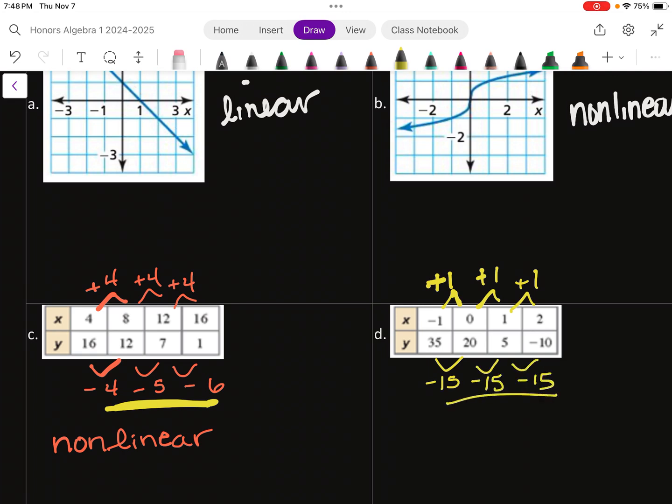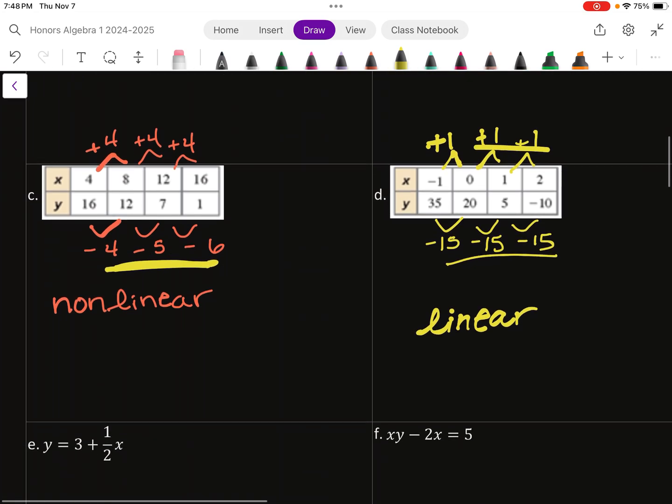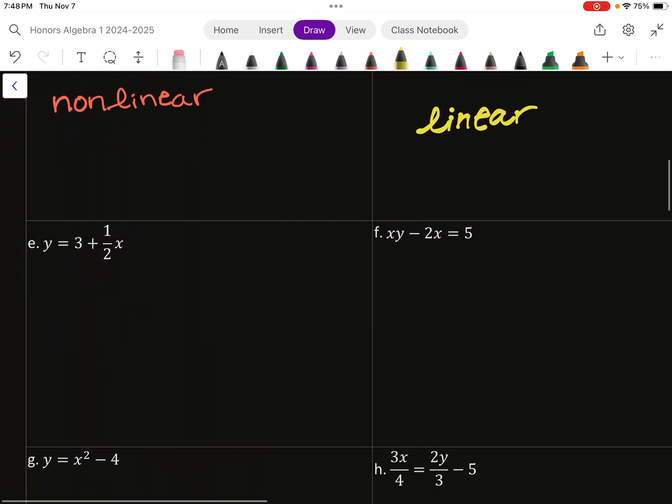So there is a constant rate of change between the x and the y. So this is linear by looking at a table. All right, and again, domain there, if we recall, is all of our x values, and y is all of our range values. So looking at an equation now, is this linear?